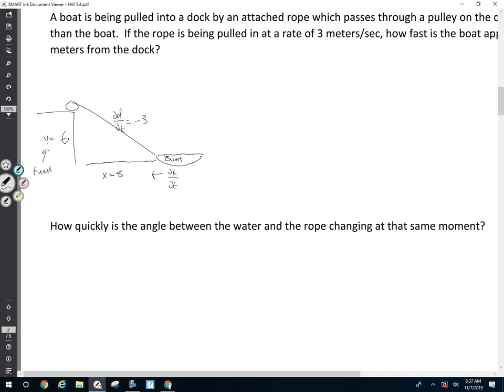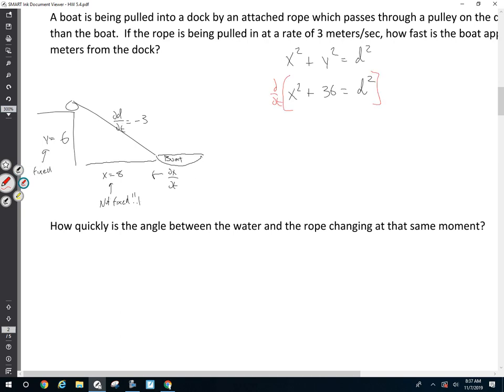Your pulley is always going to be 6 meters off the water. But your x equals 8 is not fixed. So since it's not fixed, don't adjust your equation by plugging it in because it's not always true. Okay, so I'm going to, again, put in 6 and take the derivative.